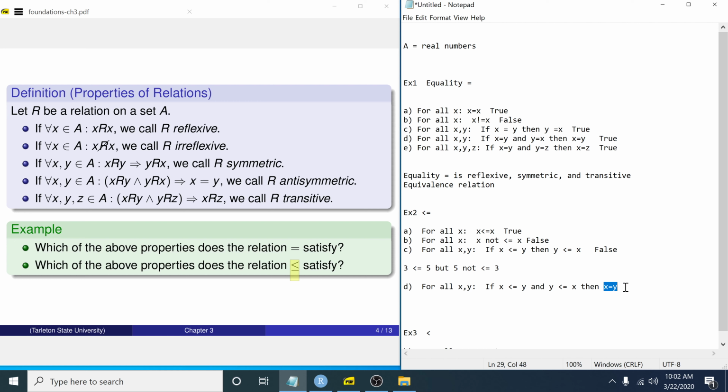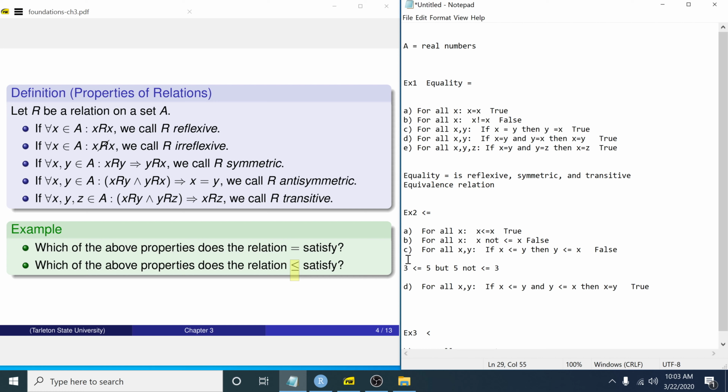Is it true then that those two numbers are equal to each other? They actually would have to be equal, because if x was strictly less than y, if y was a bigger number than x, then it would not be possible for y to also be less than or equal to x. The only way that x can be less than or equal to y and y can be less than or equal to x is if they're actually equal to each other. So this is actually a true condition.